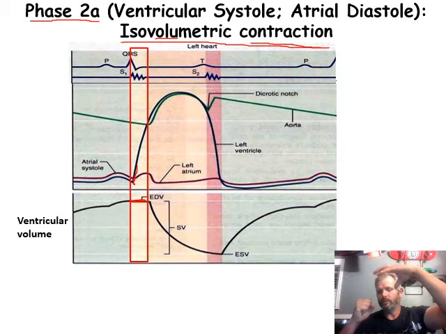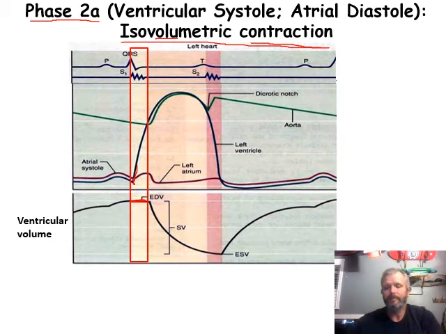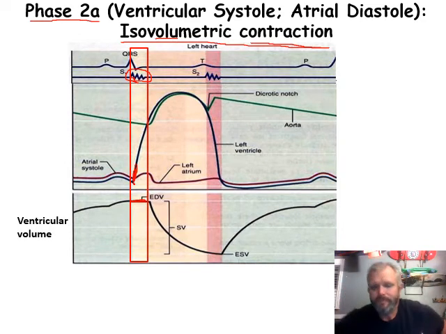So the atria are going to be low pressure, and as the ventricular pressure rises, where would that blood want to go? The blood would want to go back into the atrium. And you can see what prevents that. Remember, our AV valves. And when our AV valves close, that's when we get our first heart sound. So you can see that happening right as the ventricular pressure is climbing higher than the atrial pressure.